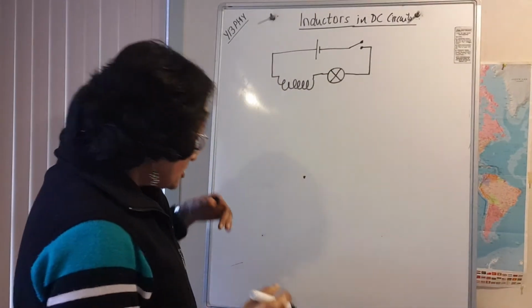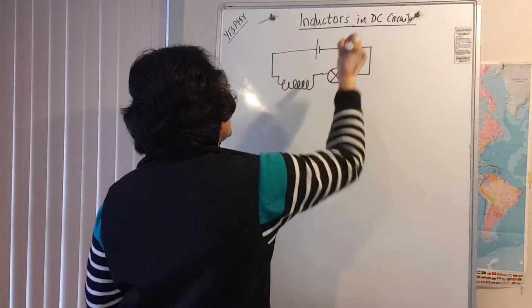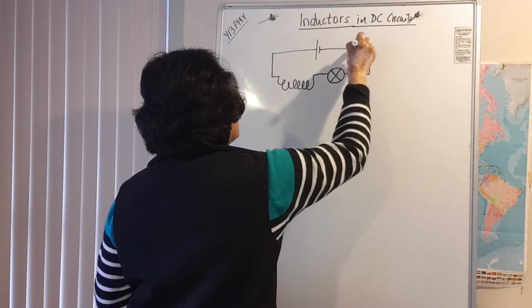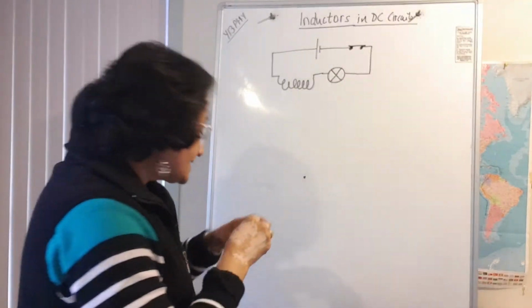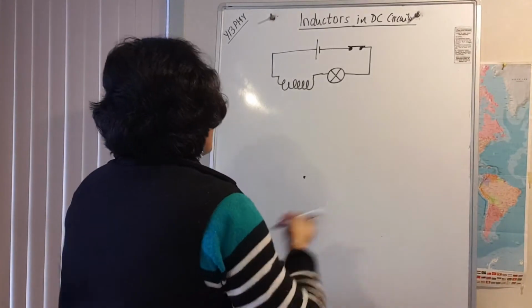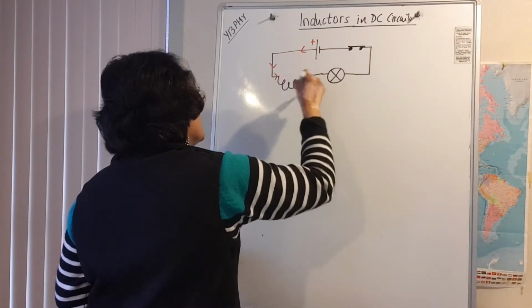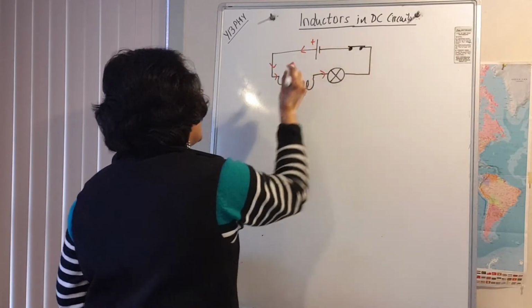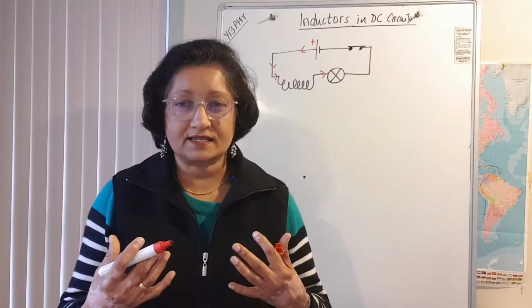Now when you close the switch or at switch on, closing the switch completes the circuit. When the circuit is complete, for an instant of time, current, this is the positive end, is going to go through the inductor coils. So there's an increasing current for a moment in time.